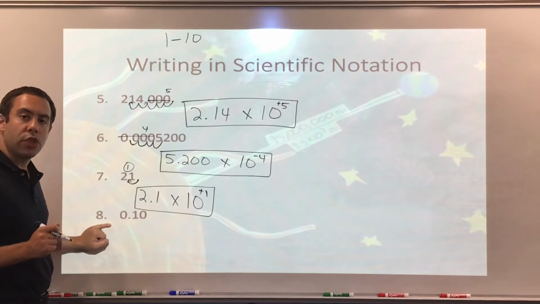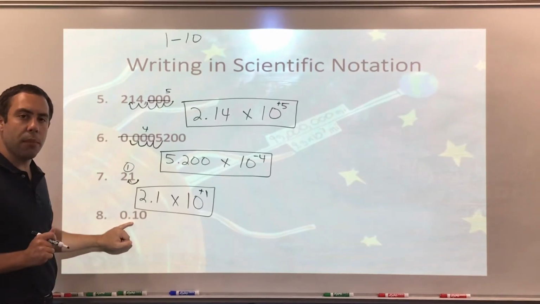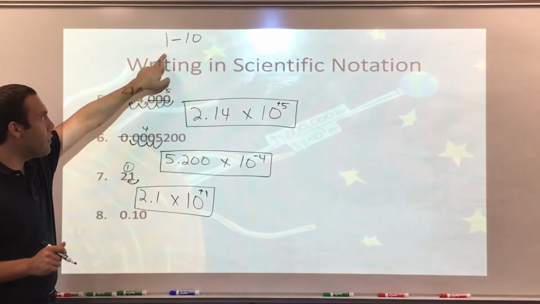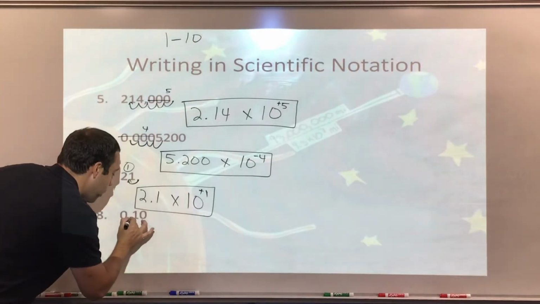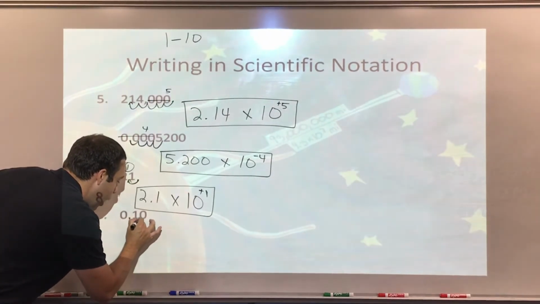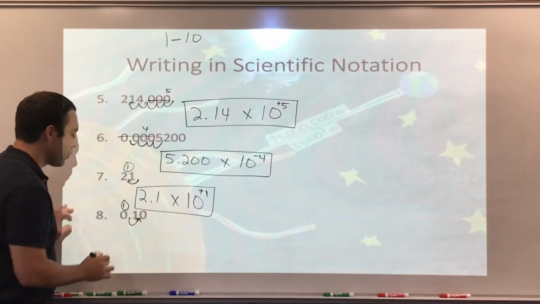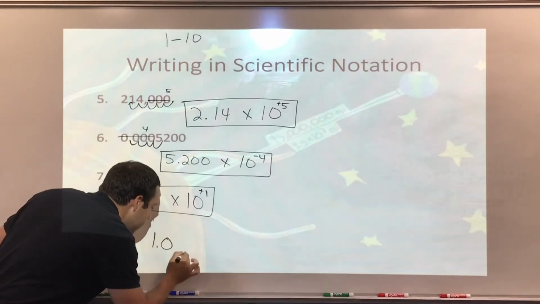Similarly, question 8 is a small number, but not too small of a number. But we still have to move the decimal point over until we get to a value between 1 and 10. And count the number of times we moved it over. 1 time to the right. Rewrite the number, 1.0.